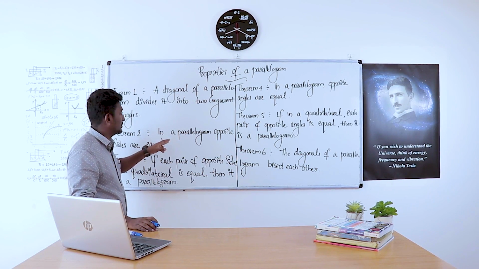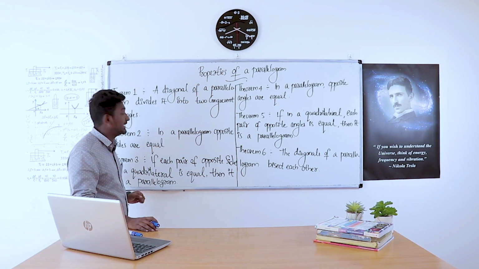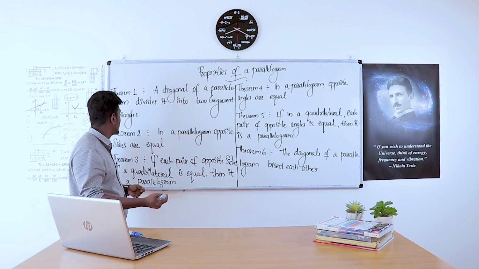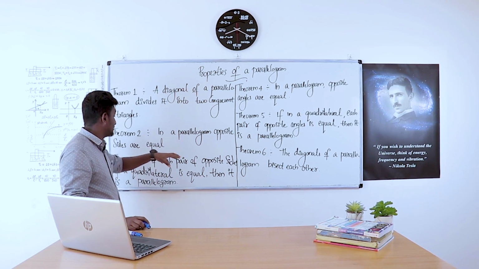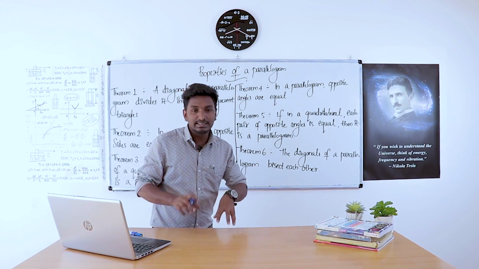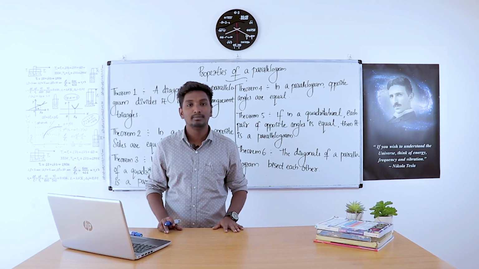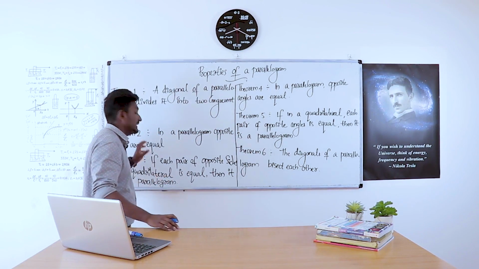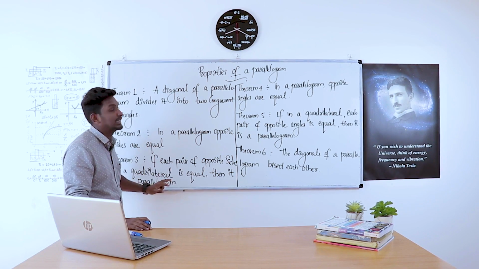Theorem 2 states that in a parallelogram, opposite sides are equal. In other words, when we consider a quadrilateral and each pair of opposite sides is equal, then it is a parallelogram. This is theorem number 3.